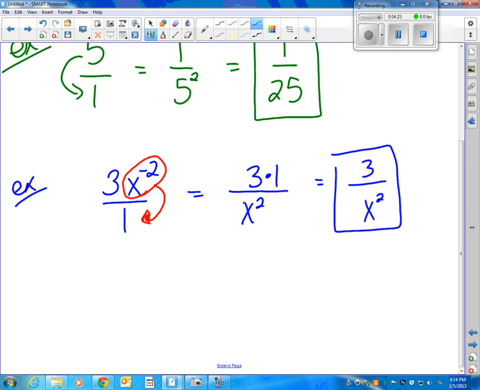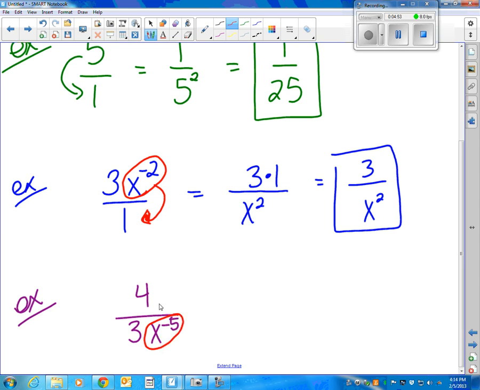Okay, and let's do one more example. Let's do 4 over 3 x to the -5. All right, once again, I'm going to identify the one part that's associated with the negative exponent.